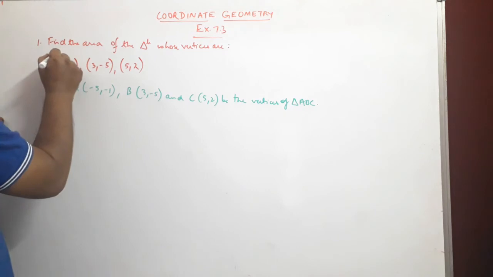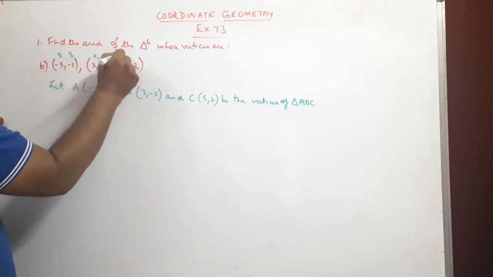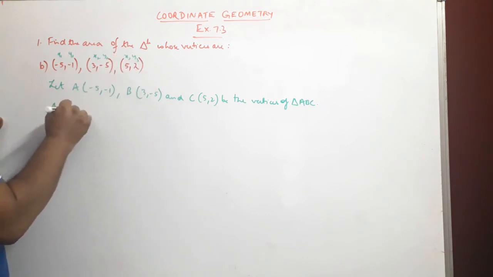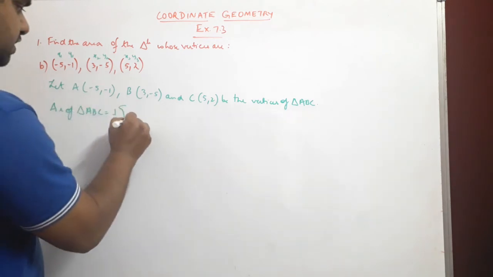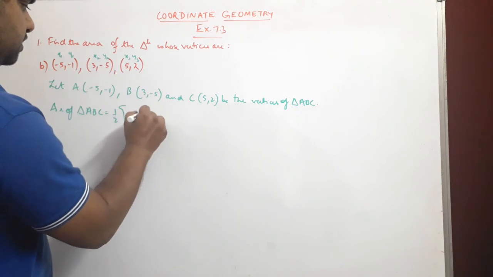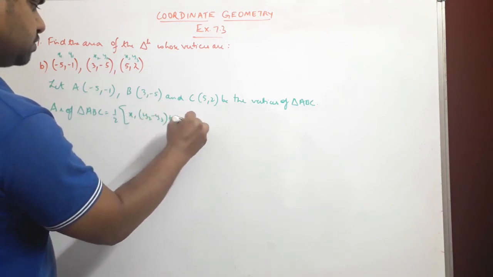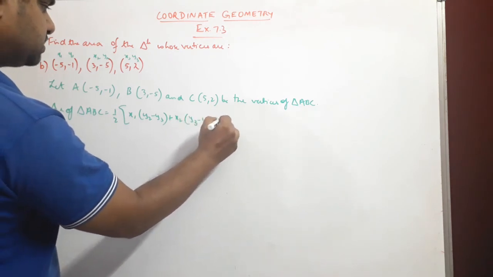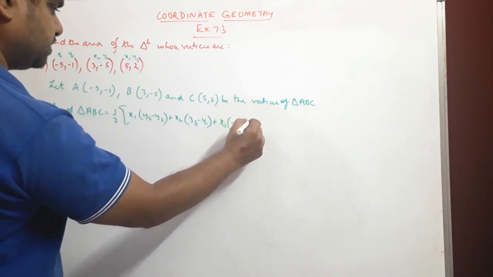So this would be x1, y1, x2, y2, x3, y3. We'll apply the formula. Area of triangle ABC equal to half into x1 into y2 minus y3 plus x2 y3 minus y1 plus x3 y1 minus y2.